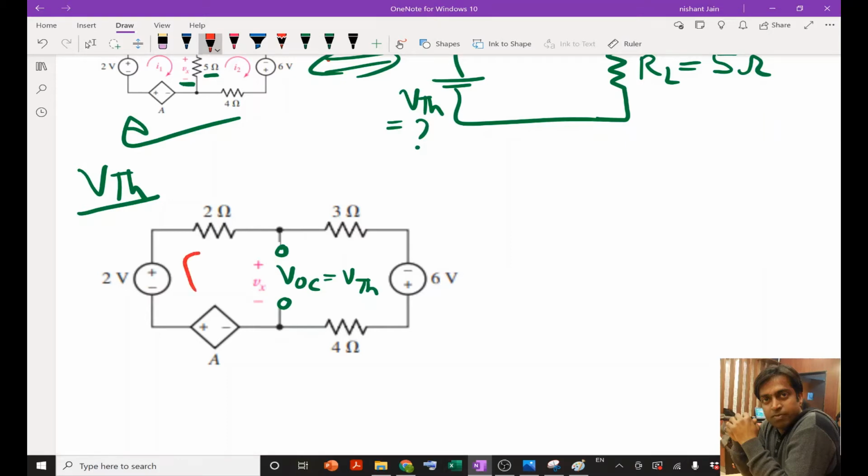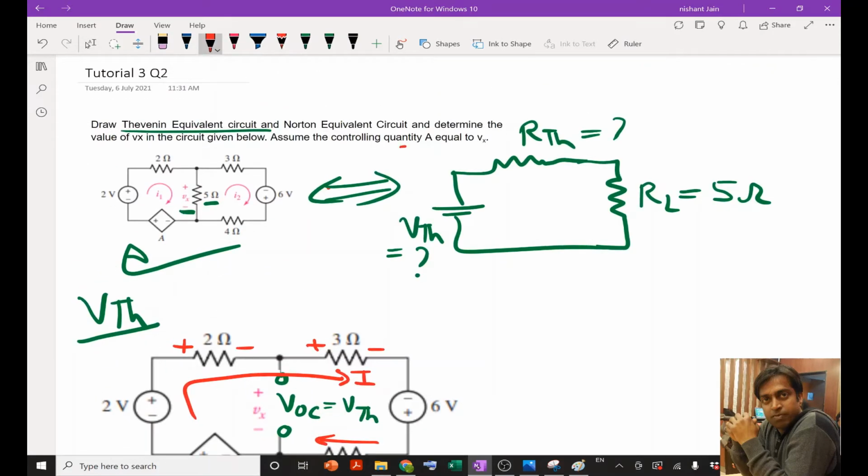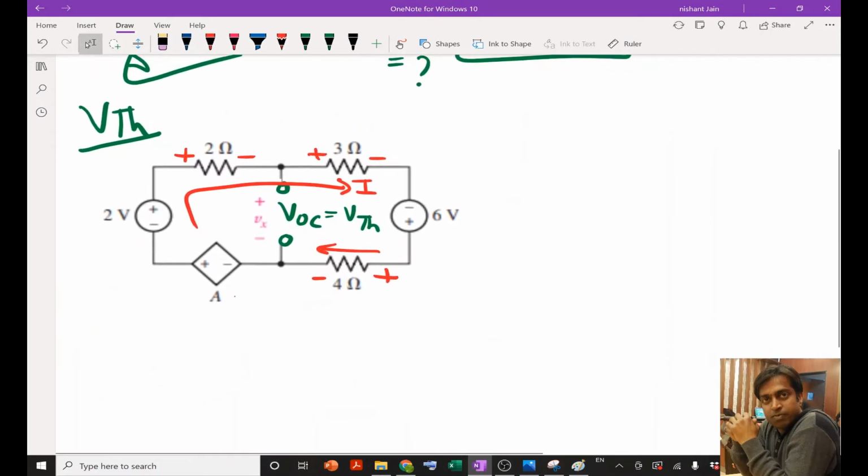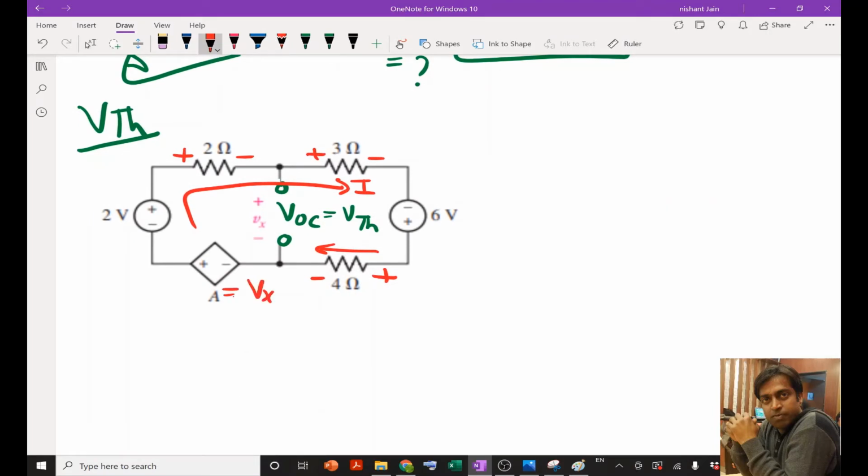So we can assume that the loop current is I. If it is I, then the polarity generated across this 2 ohm will be plus minus over here, and so on. This dependent voltage source, as given in the question, is equal to Vx.